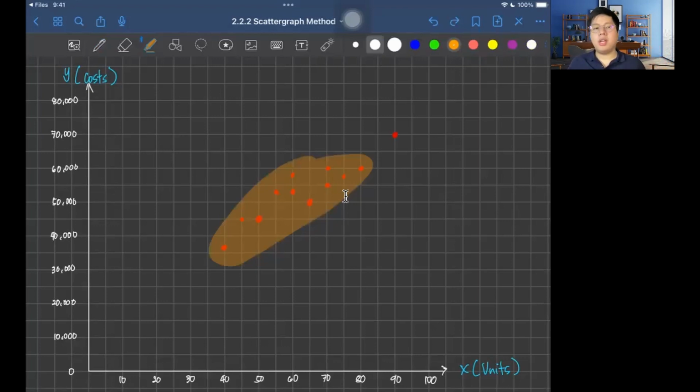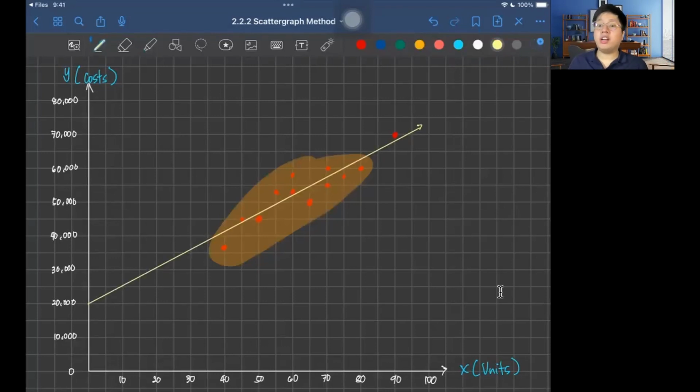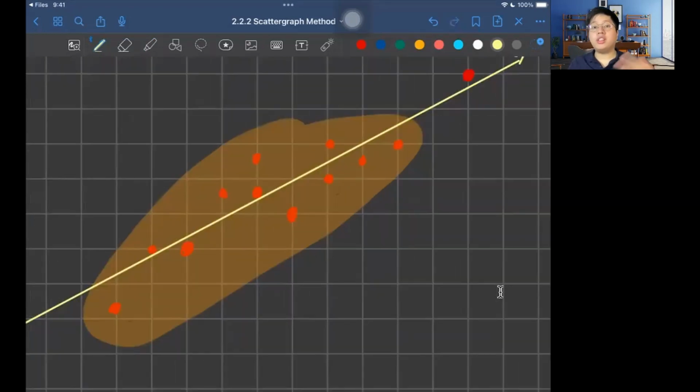In this case, we should draw a straight line wherein there will be 6 dotted points above and 6 dotted points below. Now, this will be our line of regression. If we count the division of the plotted data, we count here 1, 2, 3, 4, 5, 6.